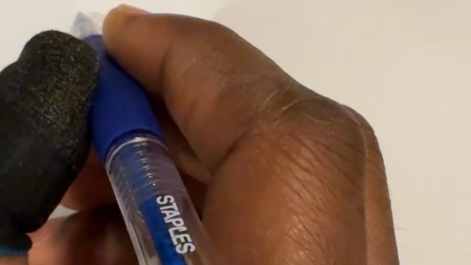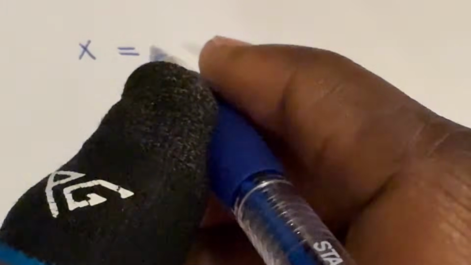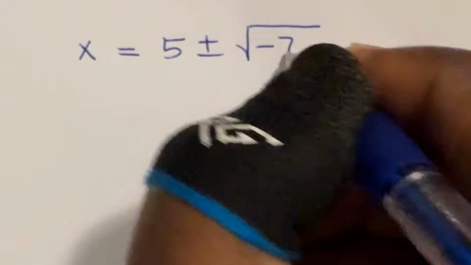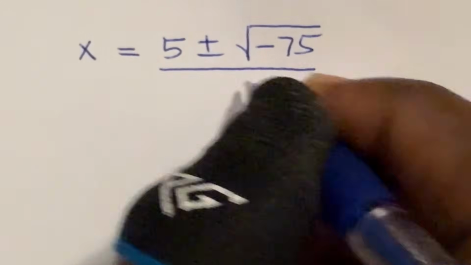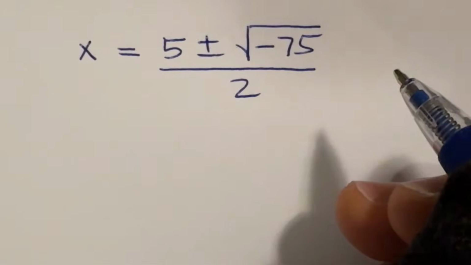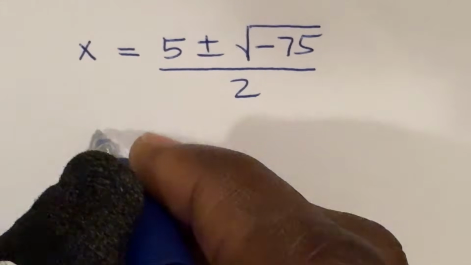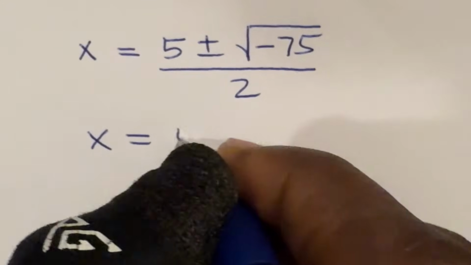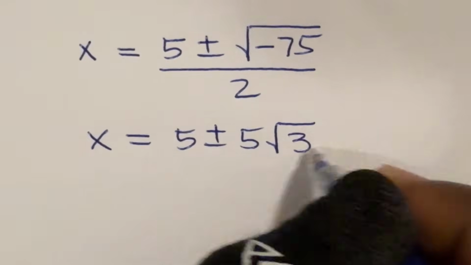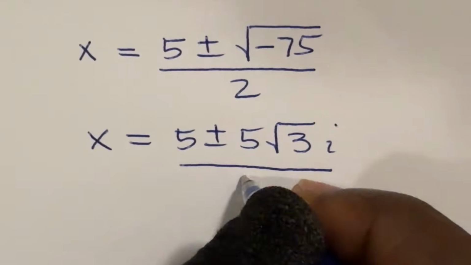So x is equal to 5 plus or minus the square root of -75 over 2. We've handled this part earlier. We got 5 root 3i. So x is equal to 5 plus or minus 5 root 3i, then divided by 2.